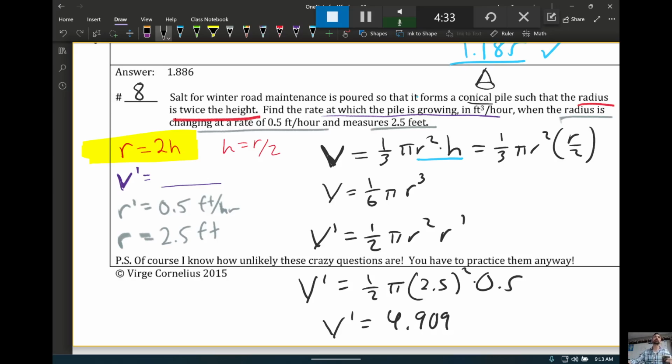For cones, there's usually a relationship between the radius and the height that allows you to eliminate one of the variables. Likewise, if they had told me stuff about h and h prime, I could have substituted the r squared stuff for h stuff, and then I would have the variables that I needed. So this that's highlighted only applies to this question because they told me. That's the only reason I could assume that there.